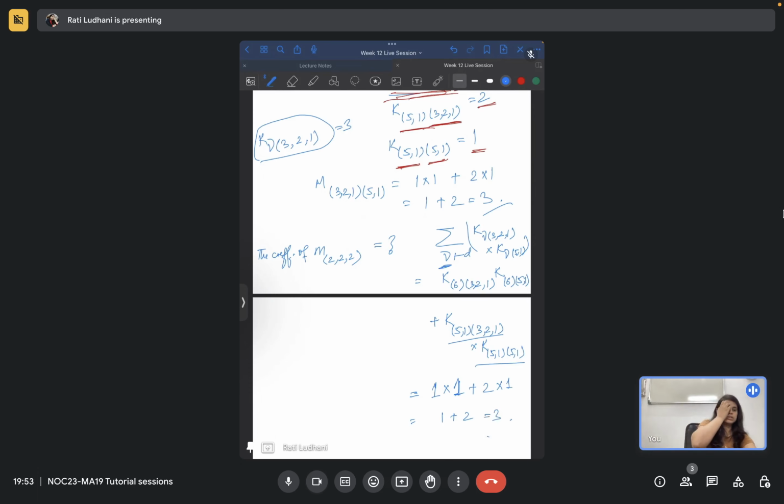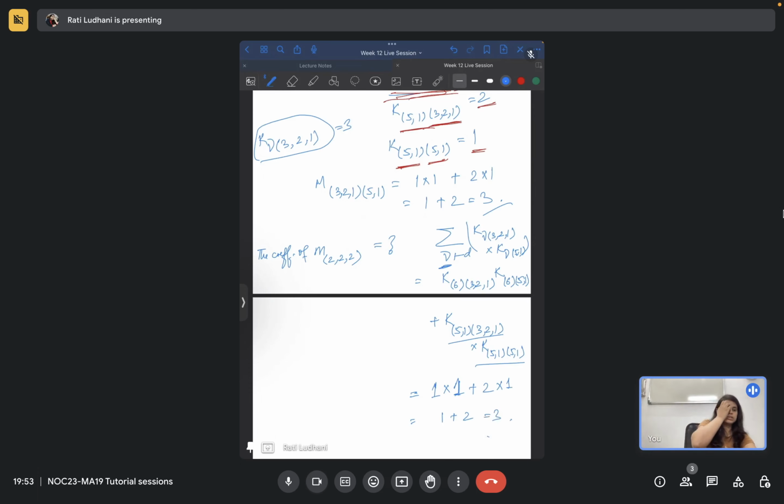Yes, ma'am. So this is the process to find the homogeneous complete symmetric polynomials in terms of monomial symmetric polynomials. Now you can also do it for elementary symmetric polynomials. For that, we can consider 0-1 matrices, and that's why RSK is related to this.